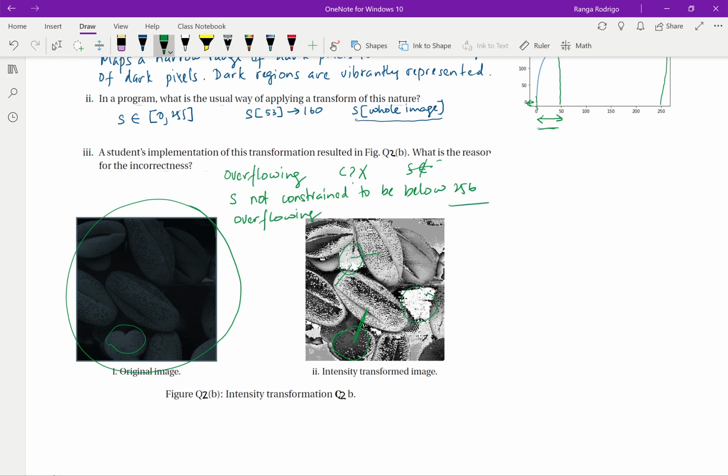Because when these numbers are represented using 8-bit numbers, the maximum value that can be represented is 255. So when you represent 256, it actually becomes 0, 257 becomes 1, and so on. That would have happened.